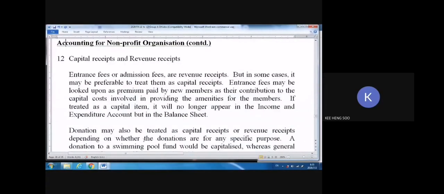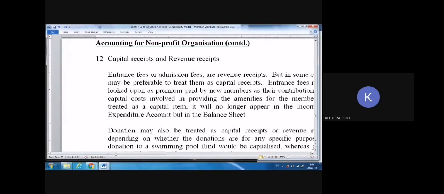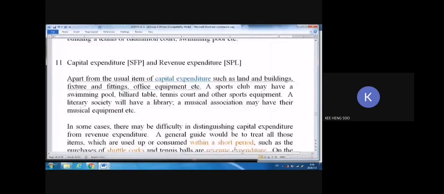Capital expenditure done already. This is capital receipt and revenue receipt. Just now was capital expenditure and revenue expenditure. This one is all paying money. Note number 11 is pay money. Note number 12, receive money. This one is a payment.